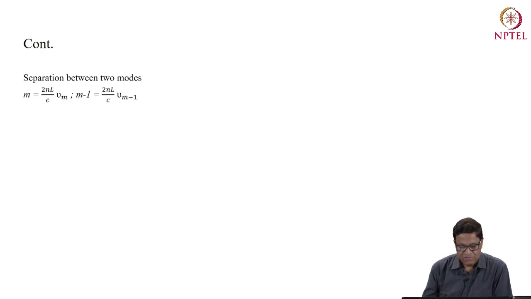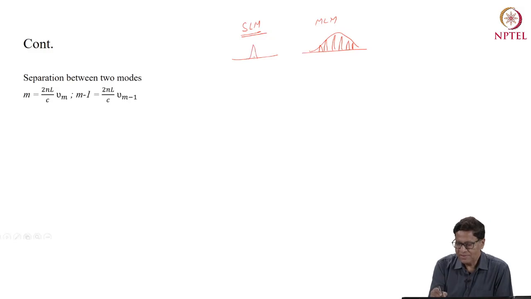Now let us try to find out the separation between two modes. As I told you, there is SLM. If it has only one mode, that is called a single longitudinal mode. The other one, which I had explained, is multi-longitudinal mode, where you have many modes. A single mode will have something like this.